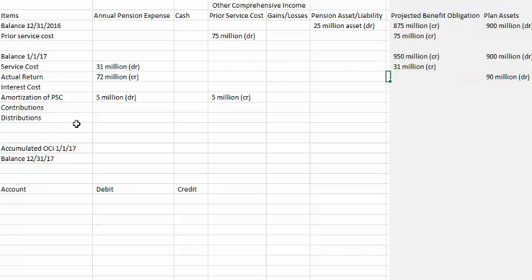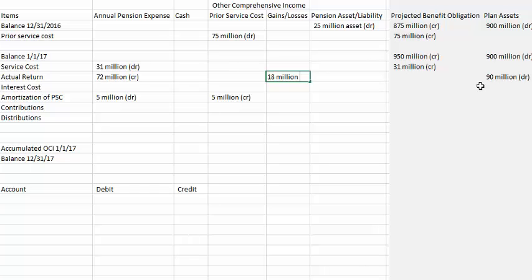And what the FASB's rules say is you use the corridor approach to determine whether any of that $18 million, that's a difference of $18 million, right? So that's actually a loss of $18 million. We thought we were going to have a $72 million gain. We actually had a $90 million gain, so we are off by $18 million.